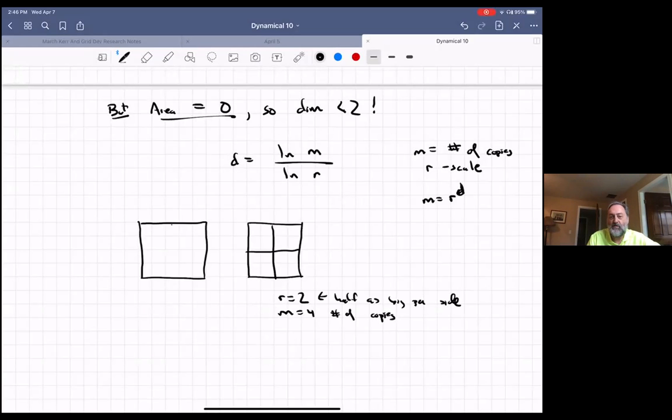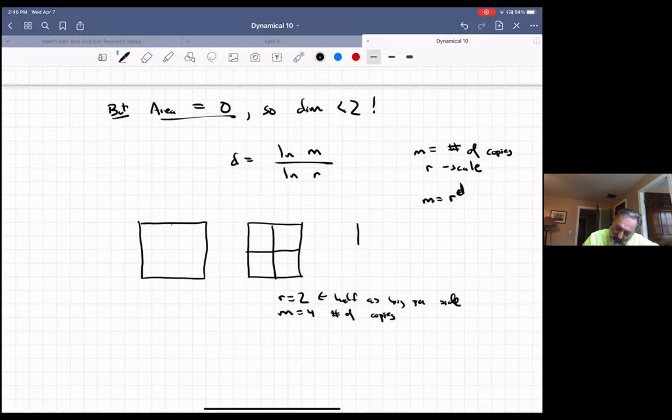And the number of copies is 4. So if I take a square and I divide each side and make it halfway on each side, then I get 4 copies.